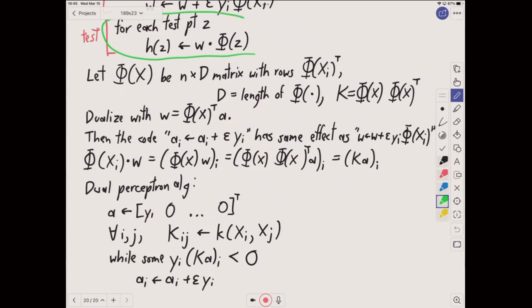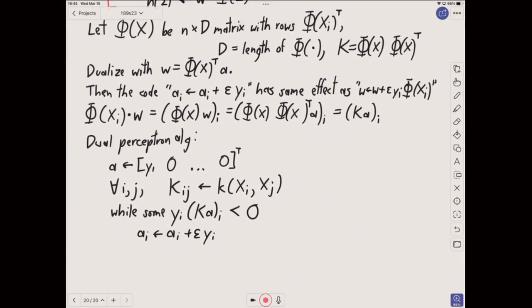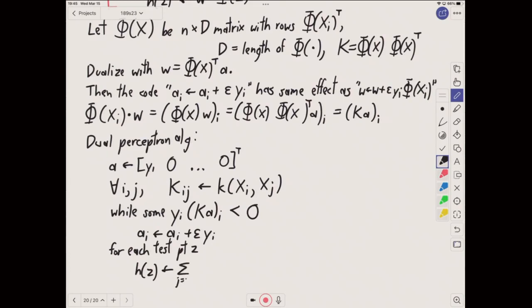Now I want to take these two lines of test code from the original perceptron algorithm and dualize those. That is going to be, for each test point z, a line that is actually exactly the same as it was for ridge regression.